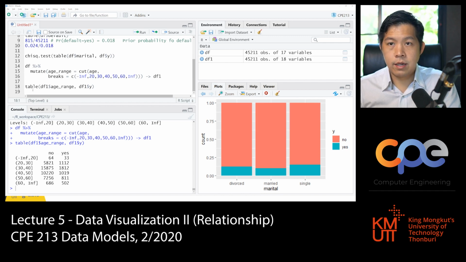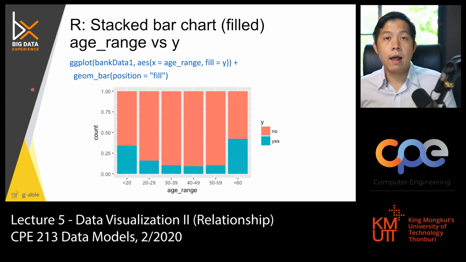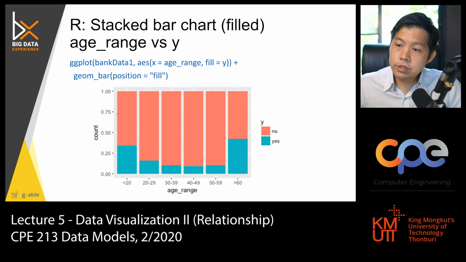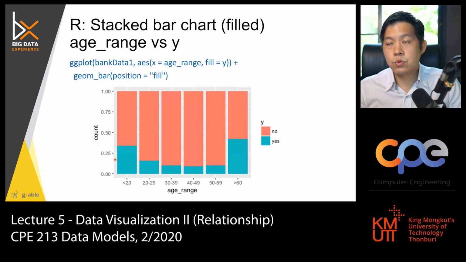So if we now use a graph to plot, I'm not going to do this. Let's look at this again. You see that if customers have age lower than 20 or more than 60, then the chance that they will accept the offer is a lot higher than those in the working age here.